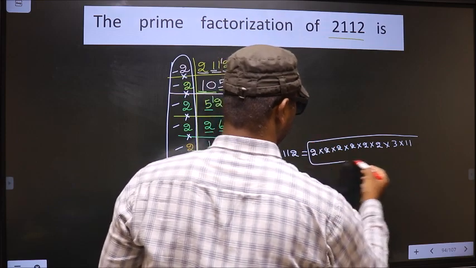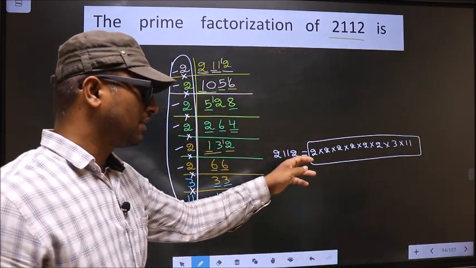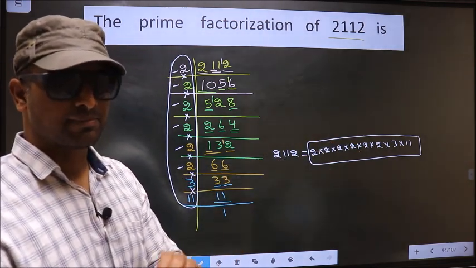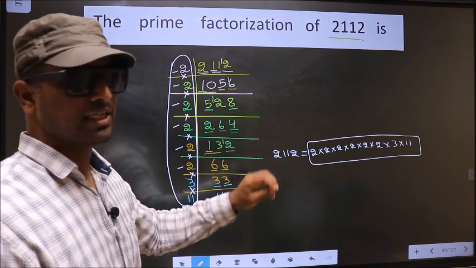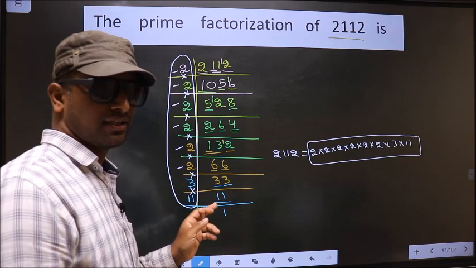So this is the prime factorization of 2112. This is also called the product of prime numbers of 2112. Am I clear?